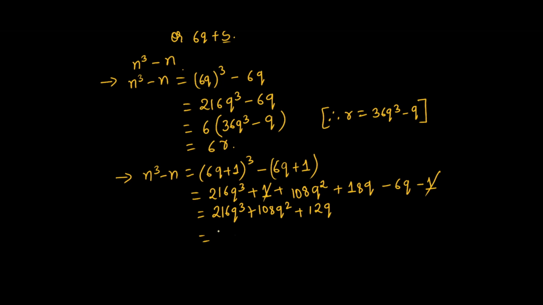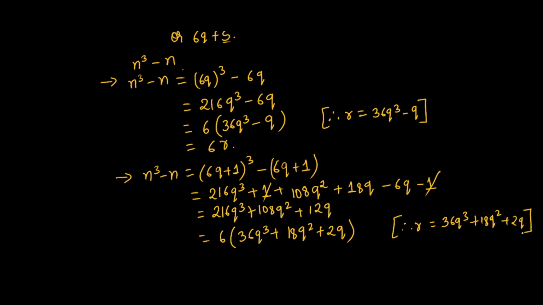So we will take common here as 6. So 36 q cube plus 108 in 6 table, 18 q square plus 2q. We will get here r is equals to 36 q cube plus 18 q square plus 2q.